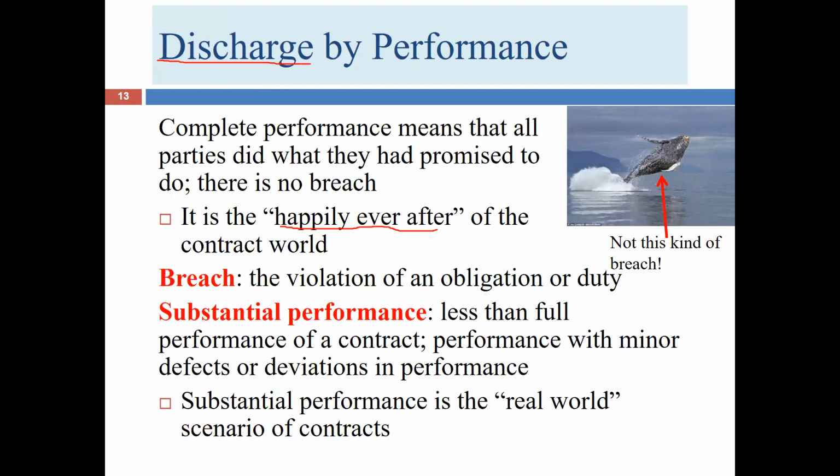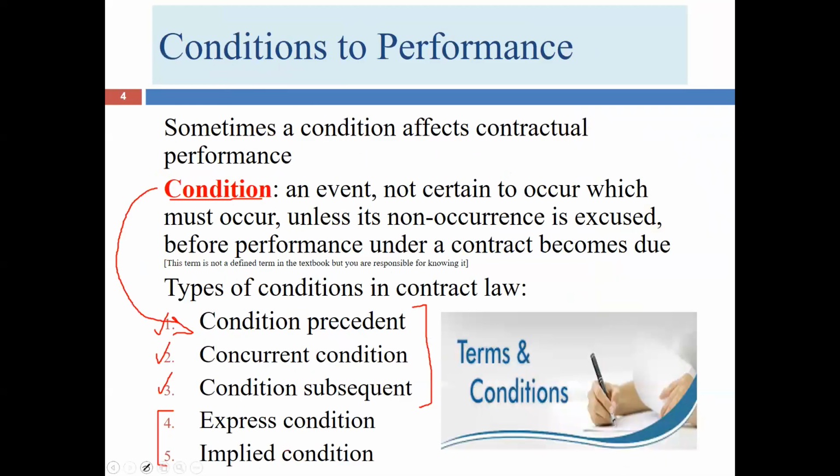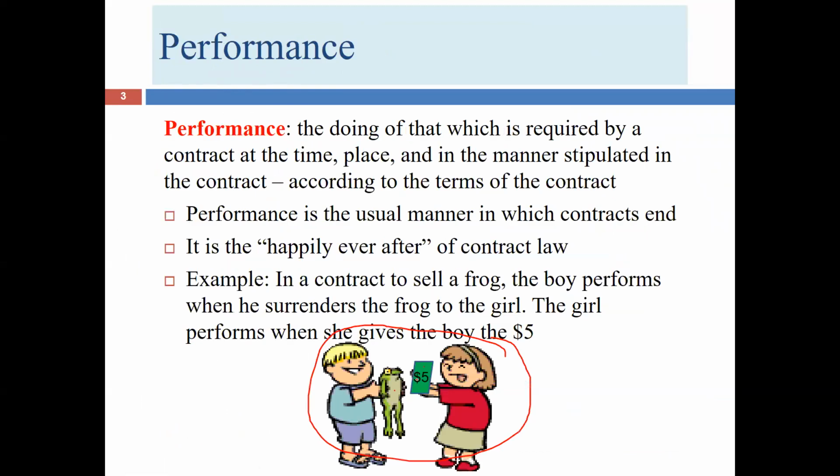One thing that can happen is when one party doesn't perform. Okay, so go back to our story with Bobby and Sally. Let's say Sally pays Bobby the $5 because Bobby says, hey, I've got my frog right over here. If you give me the $5, I'll go get the frog. So Sally is trusting and she gives Bobby the $5.